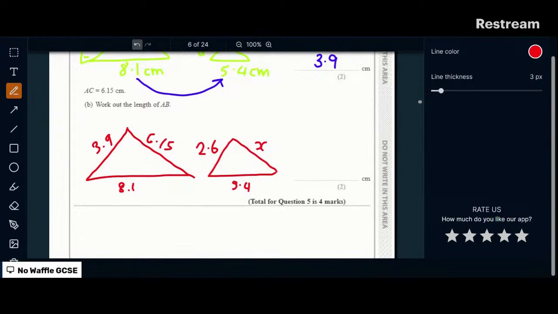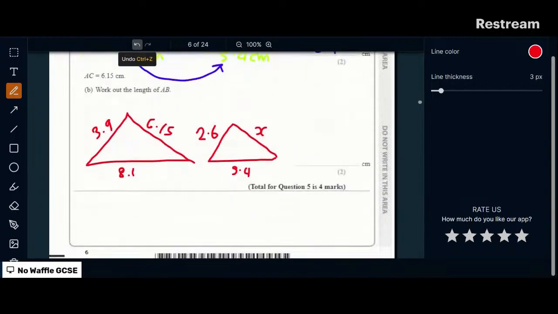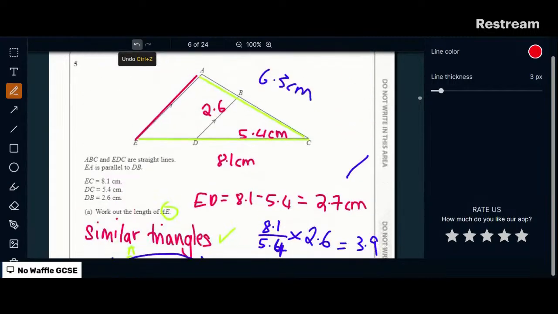Okay, so how do we then work out that length? We use similar triangles. So we know that the ratio is going to be the same. So let's label these triangles. So we've got AEC, and this one is BDC.